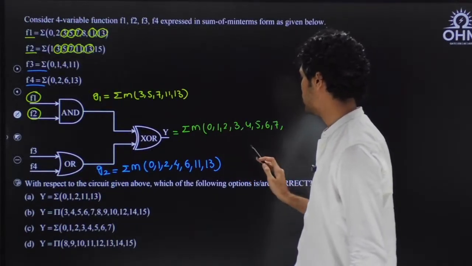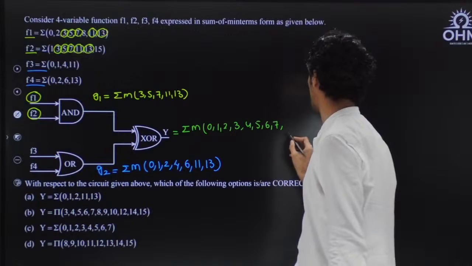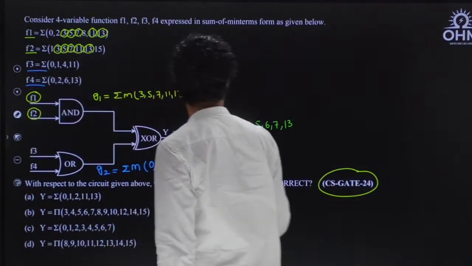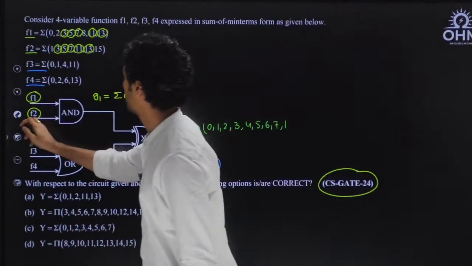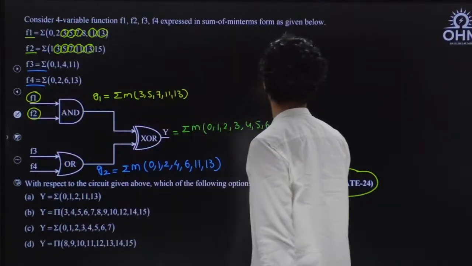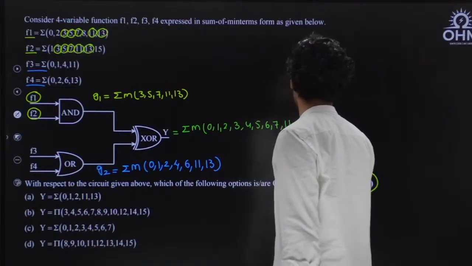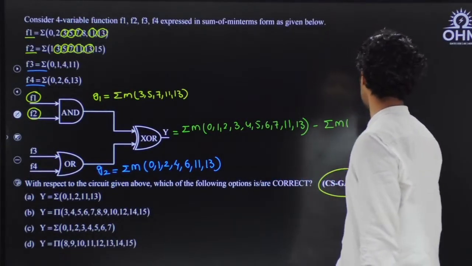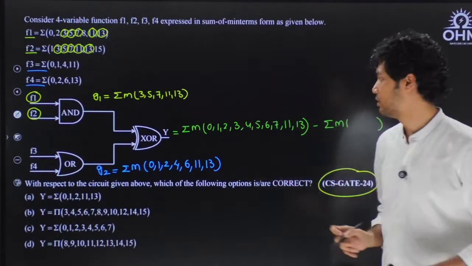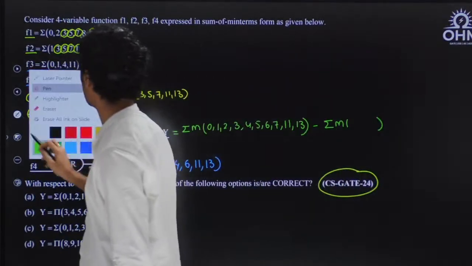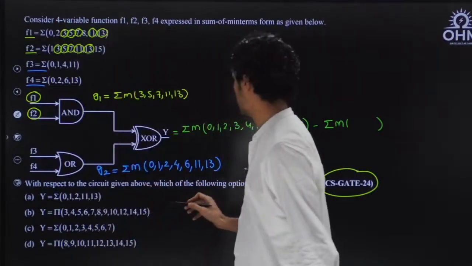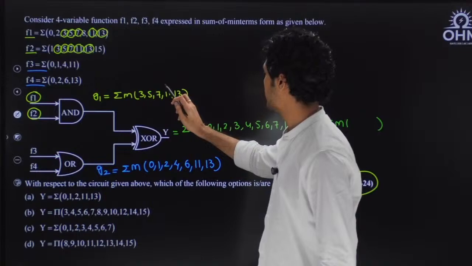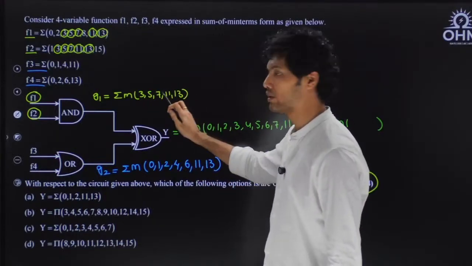8, 9, 10 you don't have. 11 is common, 13 is common. So 11 is present as well as 13. I simply merged both the lists. 11 here as well as 13. Minus sigma minterms. Now you have to take the intersection. Let us observe what the intersecting terms are. 0, 1, 2, 4 is present only here, not there. 7 is here, not here. 6 is here, not there.